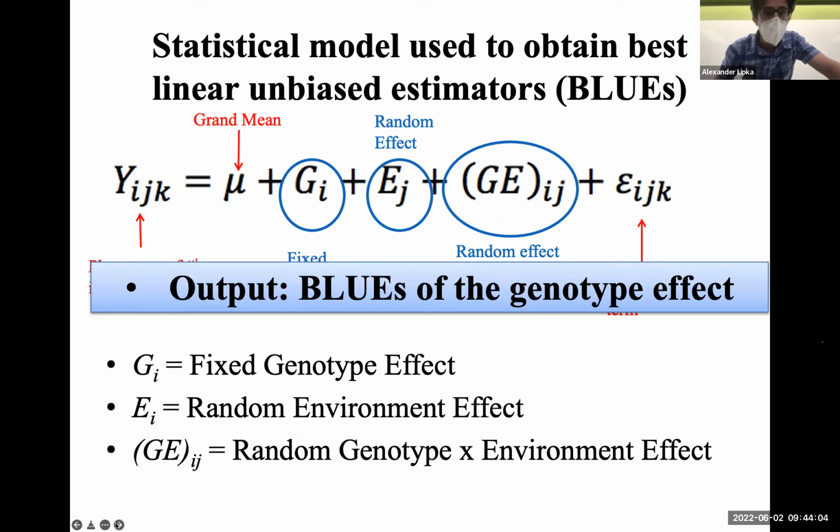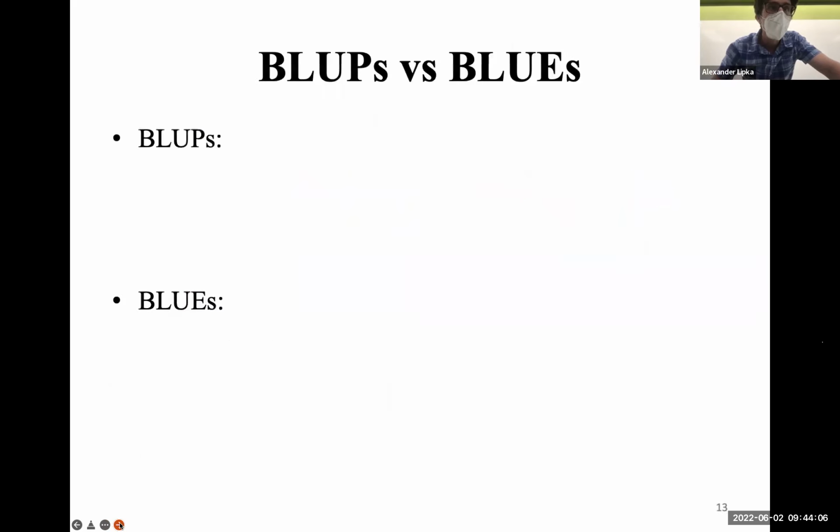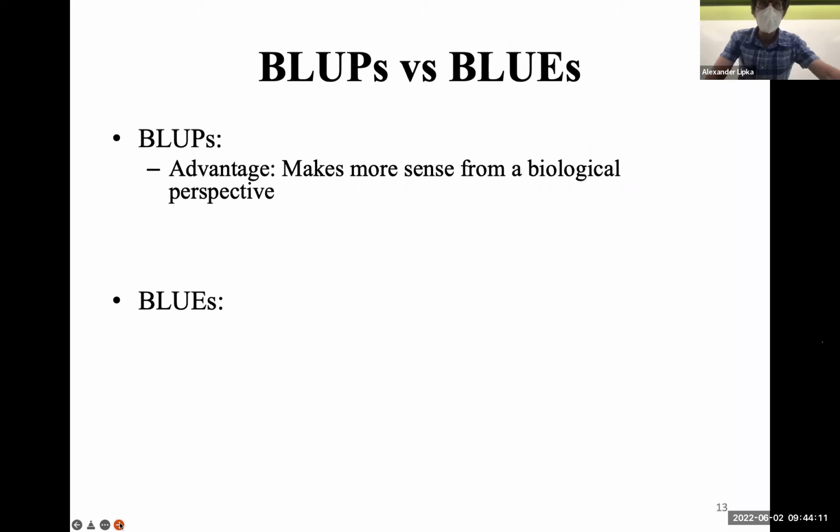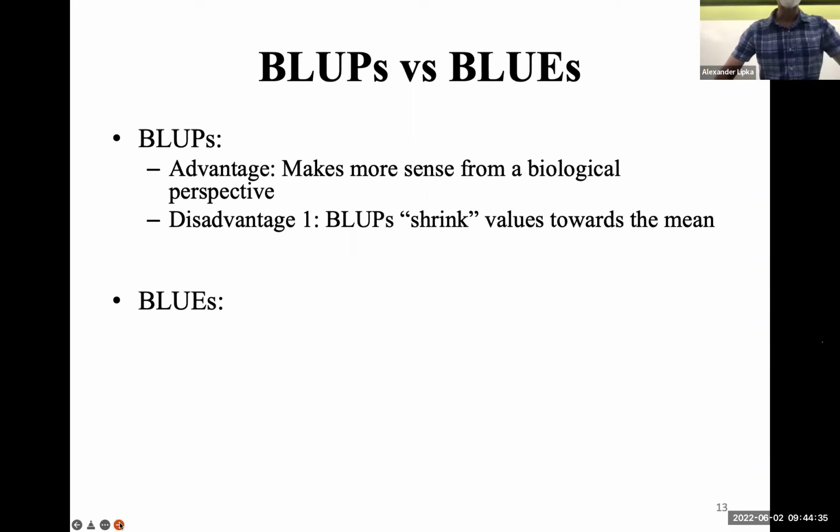Okay, let's compare and contrast BLUPs versus BLUs. So BLUPs, the advantage is, in my opinion, it makes more sense from a biological perspective. If we have a data set of n genotypes, that's not the entire species, right? I want to make inferences on the entire species or maybe a subpopulation, or maybe my breeding program. Well, I don't have a breeding program, but I think the BLUPs make more sense from a biological perspective.